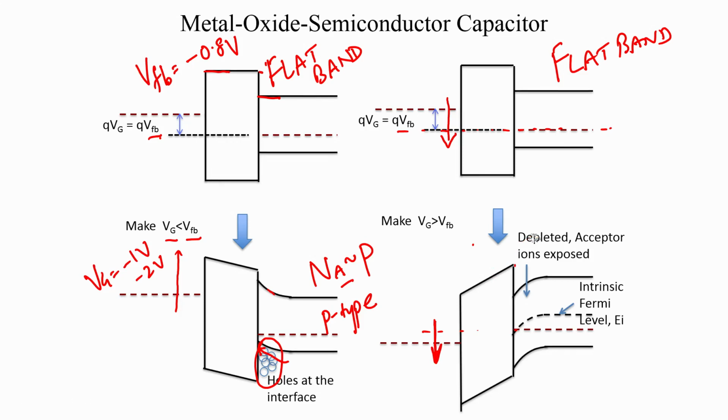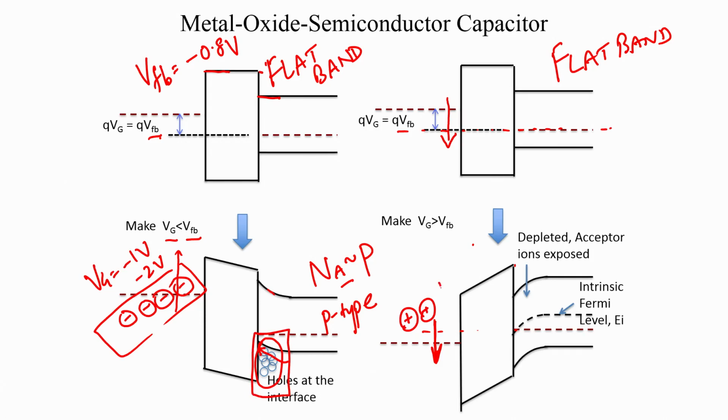And what happens at this stage? So, we have now started adding positive charge on the gate. So, when Vg was less than Vfp, we were adding negative charge on the gate, right. We were applying a negative gate voltage, and all this negative charge on the gate was balanced by the positively charged holes at the interface.